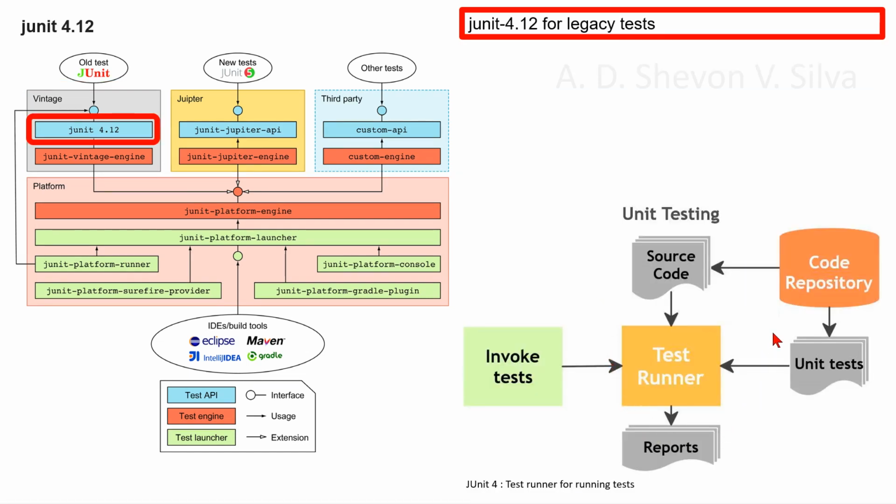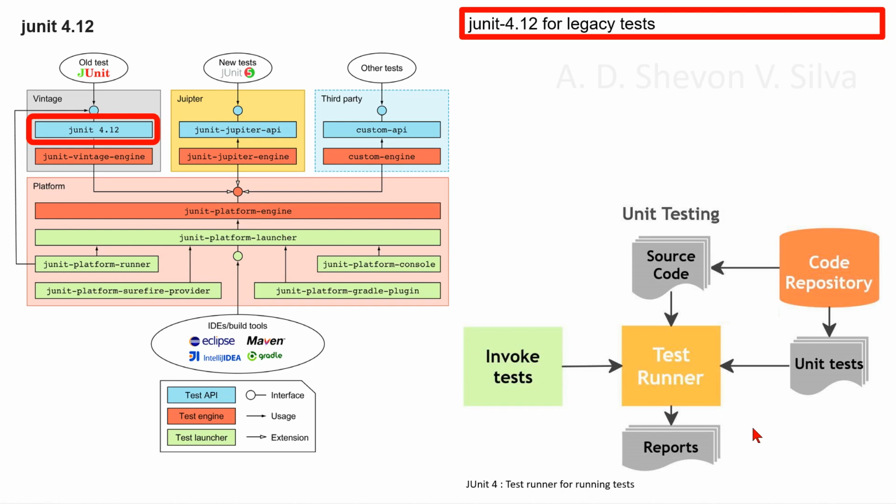Now you can see here the test runner for running tests in JUnit 4. JUnit is a simple open source unit testing framework tool to write and run repeatable unit tests. Also, it is an instance of the xUnit architecture for unit testing frameworks.